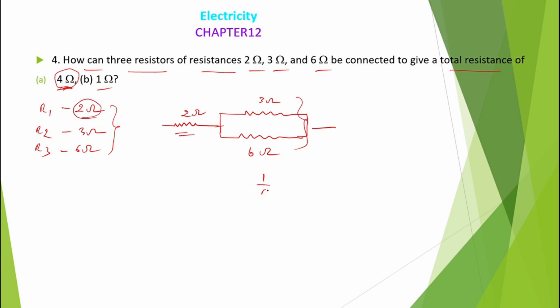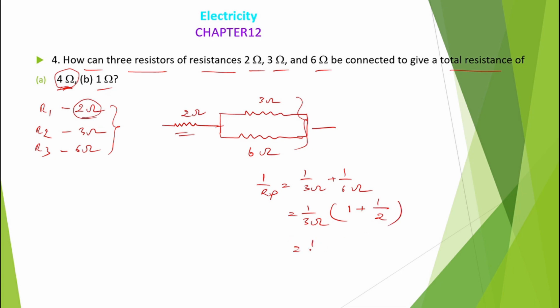So what you have to do: 1 divided by Rp is equal to 1 divided by 3 ohm plus 1 divided by 6 ohm. So you take 1 by 3 ohm as a common factor. So here you get 1 plus 1 divided by 2.